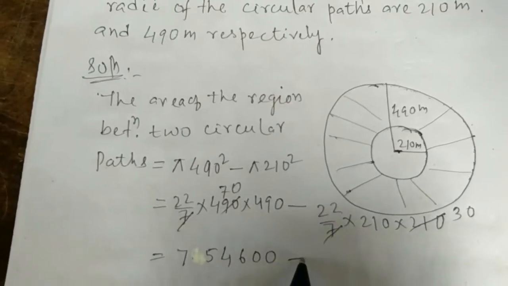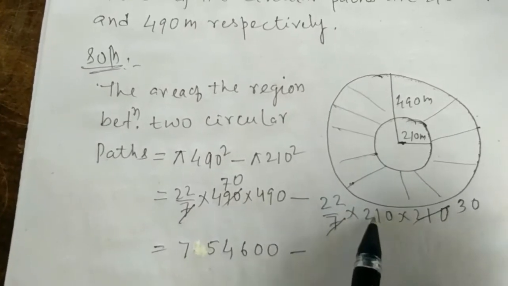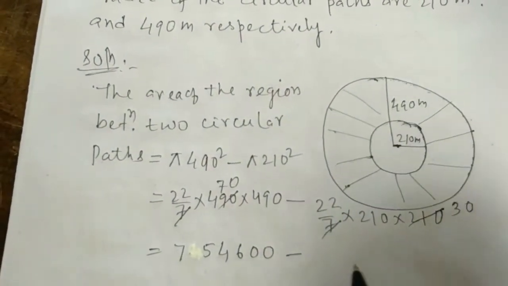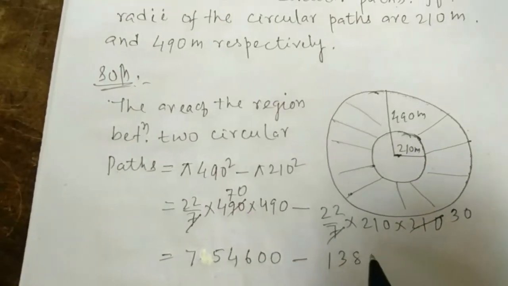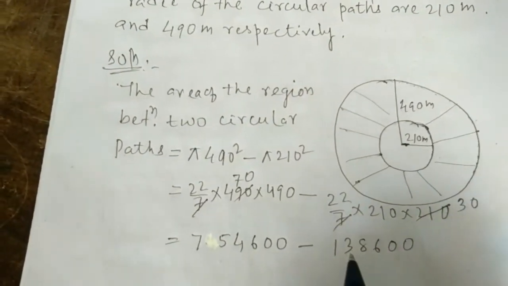754,600 minus, again if you multiply 22 into 210 into 30, you will get 138,600.